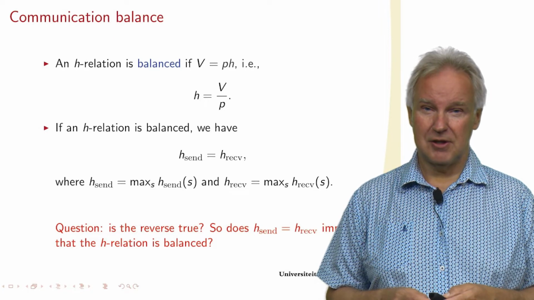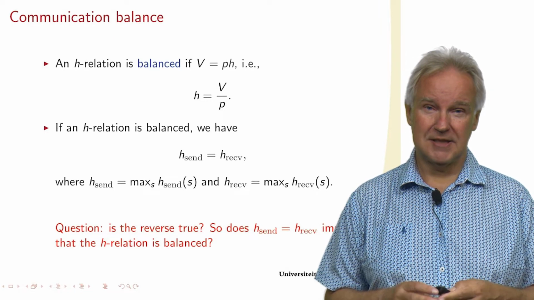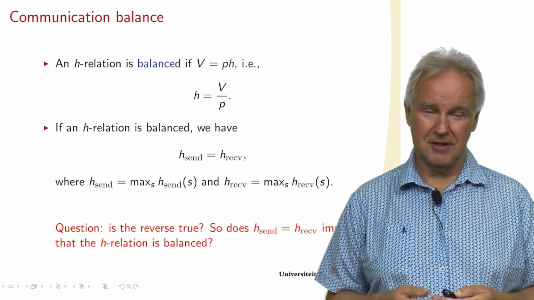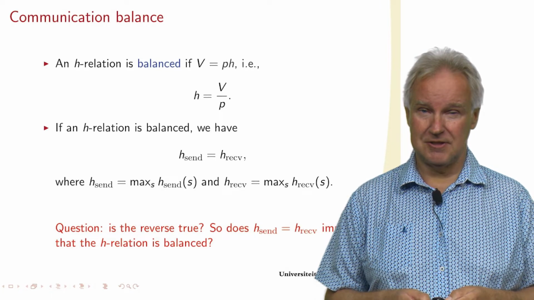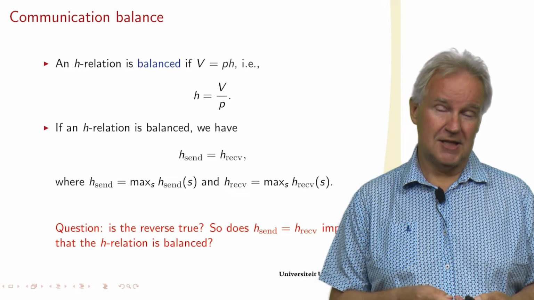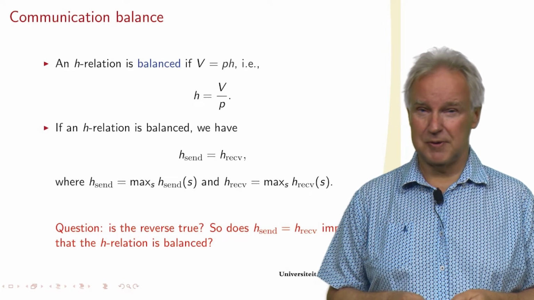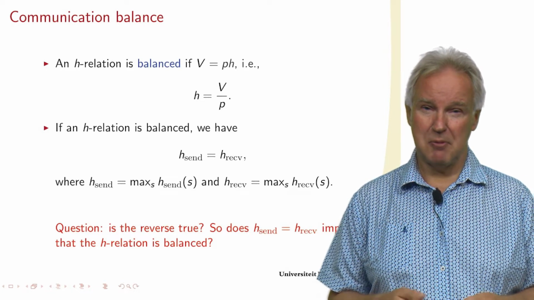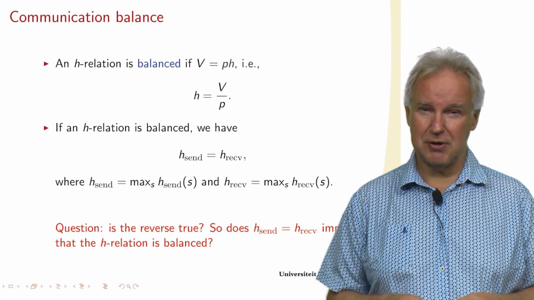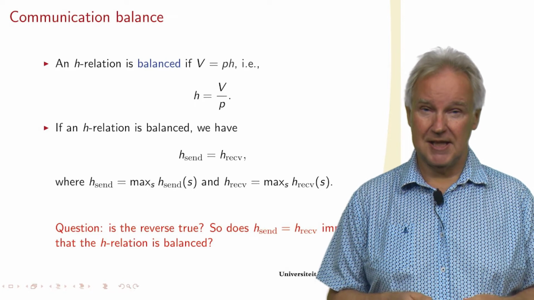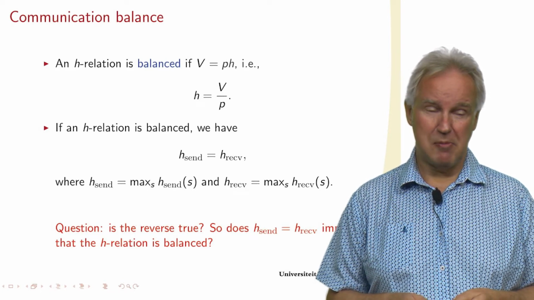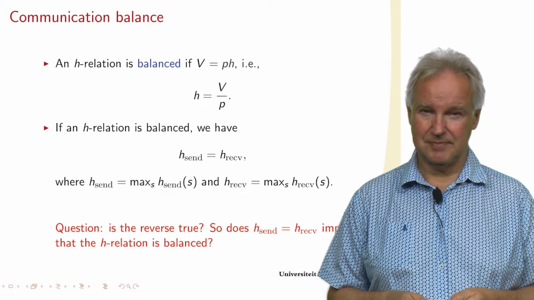If that happens, then we call the H relation balanced. And in an H relation that is balanced, we do have that the maximum amount sent by a processor, H sent, equals the maximum amount received.